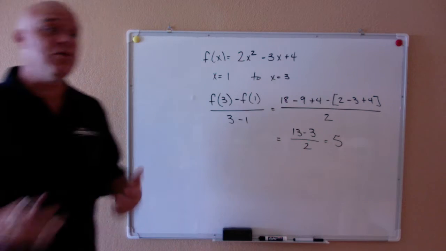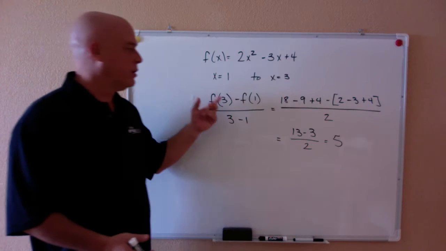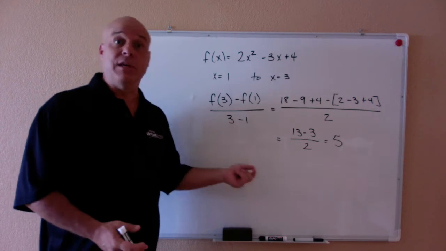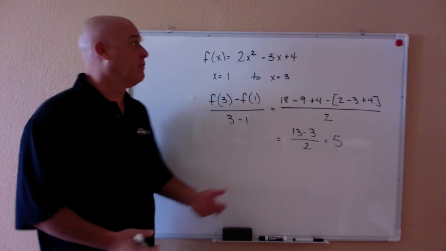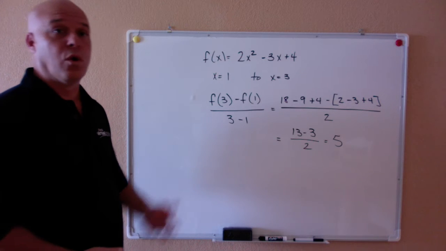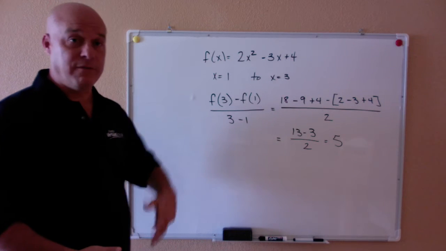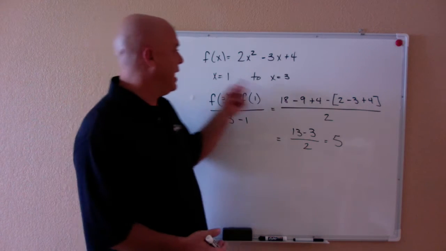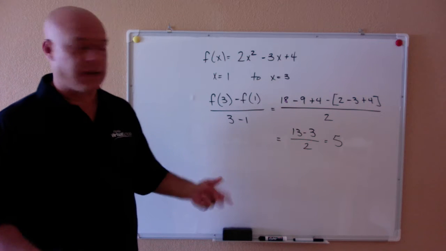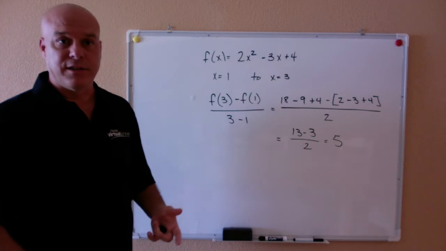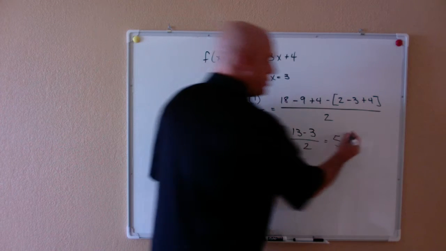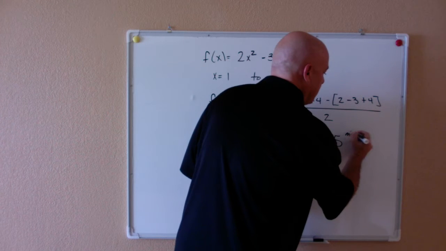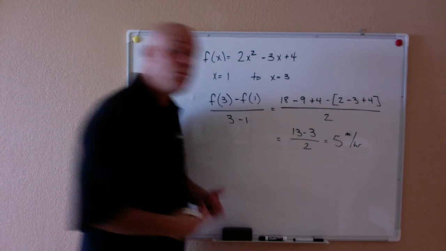So my average rate of change for this function from x equals 1 to x equals 3 is going to be 5. And again, if I know the units of measurement for the x variable and for the f of x variable, like maybe x is given in time, maybe seconds, and f of x is given in miles, then this would be a result in miles per hour, a rate of change.